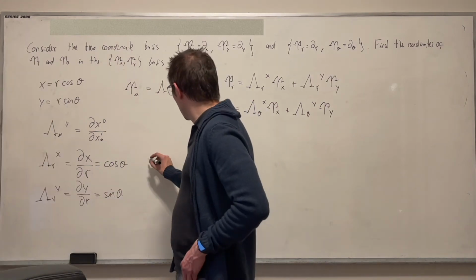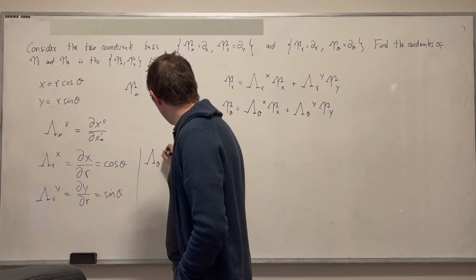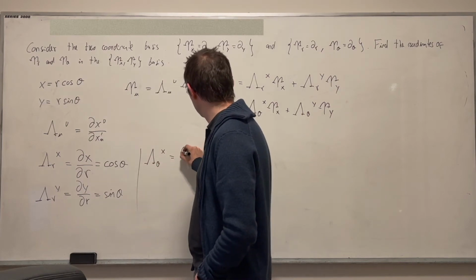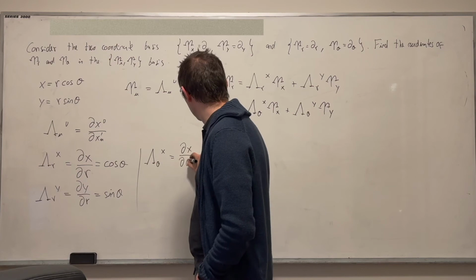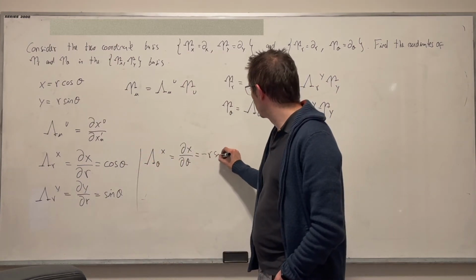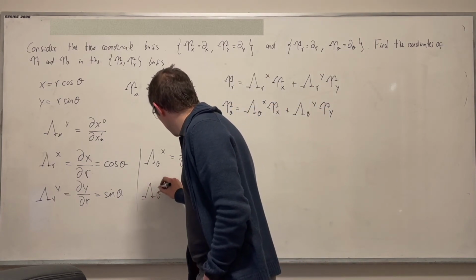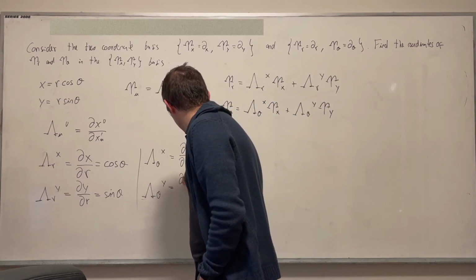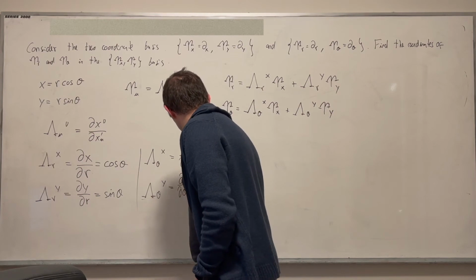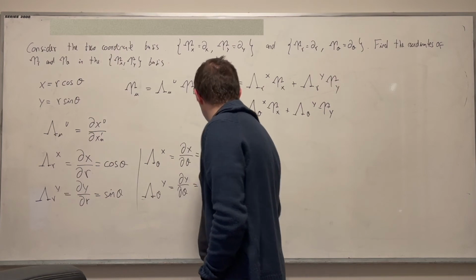Now, let's compute lambda theta x, and that is partial x, partial theta, which is minus r sine theta, and finally lambda theta y, which is partial y, partial theta, which is r cosine theta.